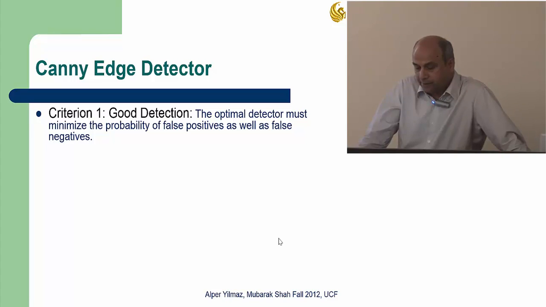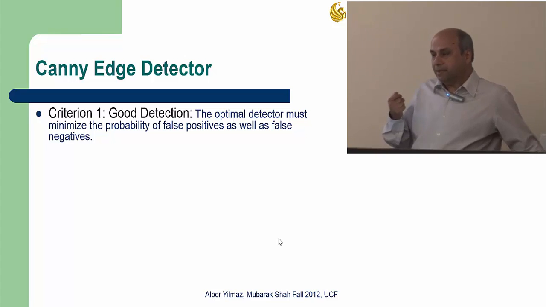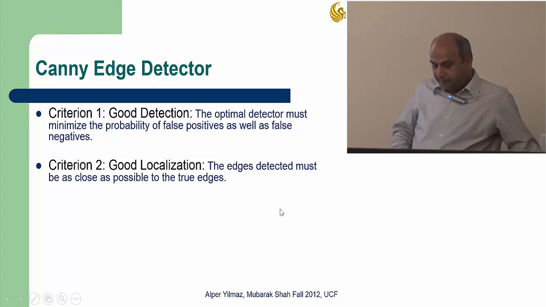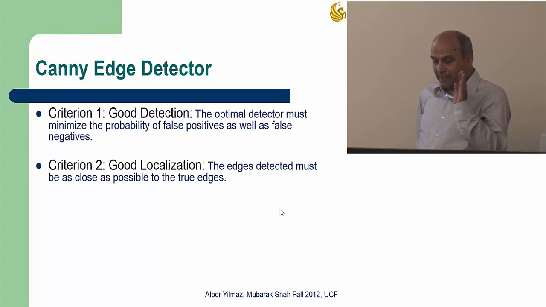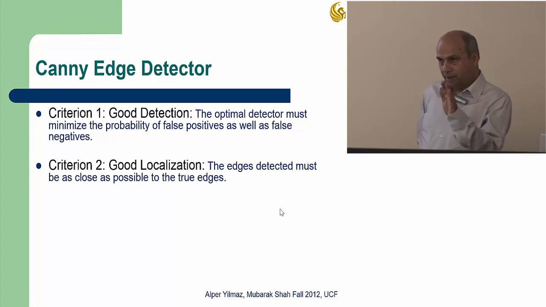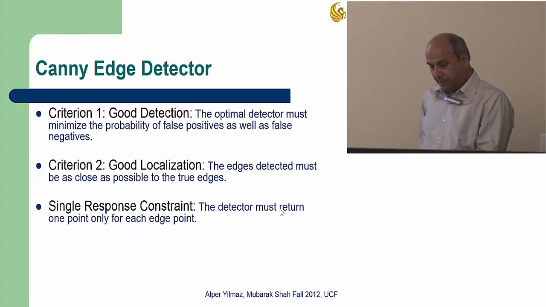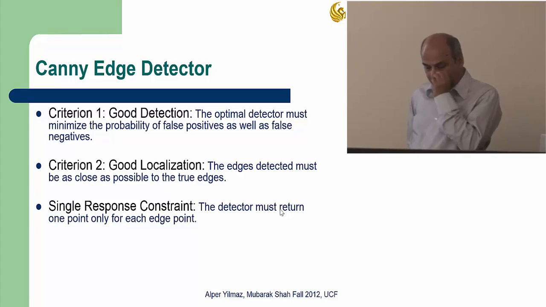One is good detection, which means it should minimize the probability of false positives as well as false negatives. It should not say this is an edge when it's not an edge, and we should not miss an edge. The second is that it should localize: edges should be detected exactly at the same place where there's a true edge, not 1 pixel on the left or 2 pixels on the right. And then there should be a single response: there must be one response for each edge point.